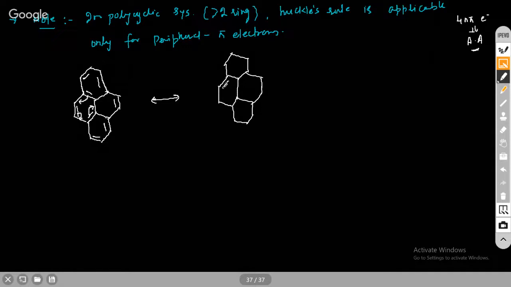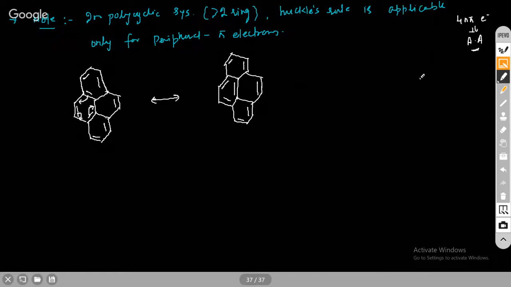We have a double bond here, a double bond here, and here. And all these bonds will be as they are. We have a double bond here. Now the rule is what?